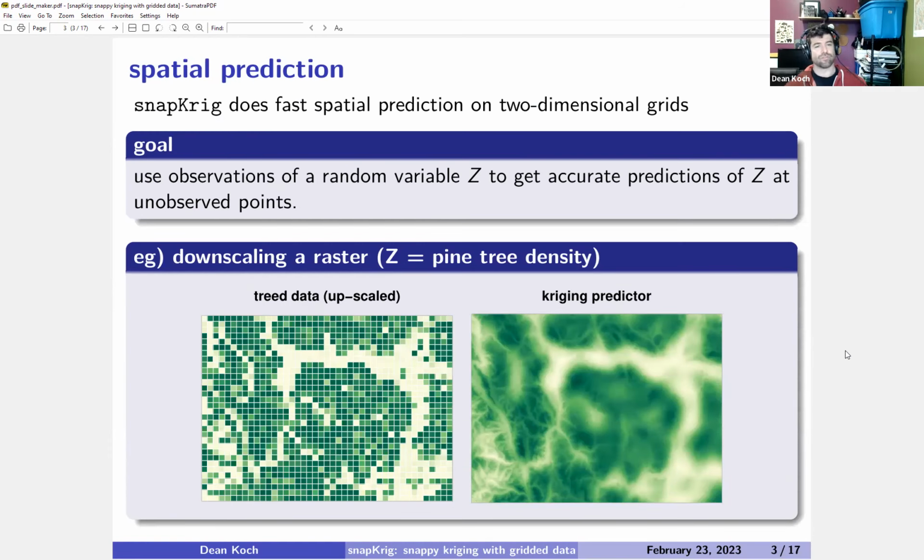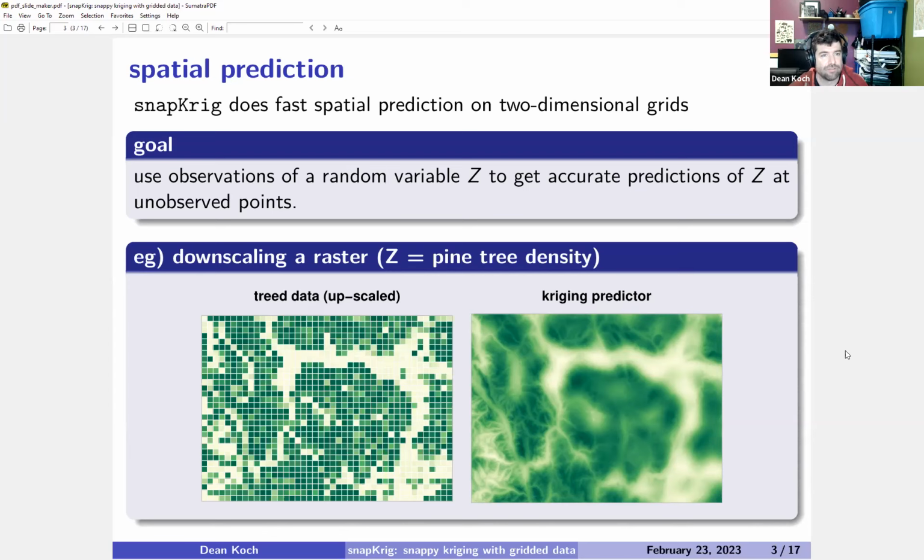snapKrig does a few things, but it focuses on the problem of fast spatial prediction in the domain of two-dimensional spatial grids. So let me start with a high-level explanation of what that is and what the output looks like.